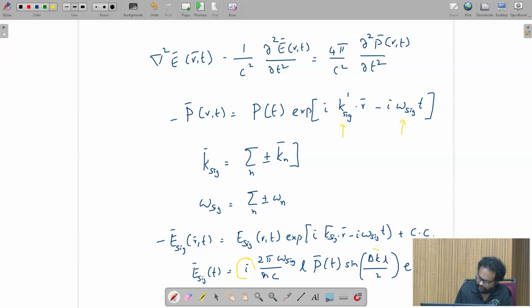And there is always a wave vector mismatch between polarization and emitted field. We'll come back to that later, but these are the few things to keep in mind. The most critical thing is that the signal, the emitted field from light matter interaction, is proportional to i times the polarization. That is the important thing.